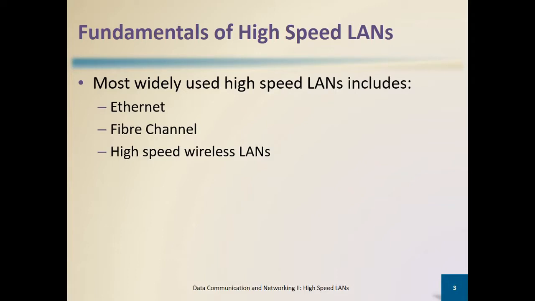But within that 2,500 meters of maximum bus length, we do have segmentation of 500 meters. So every 500 meters, a repeater needs to be introduced to boost up the signal for another 500 meters. So if you think about 4 repeaters of 500 meters, that should give you 2,000.